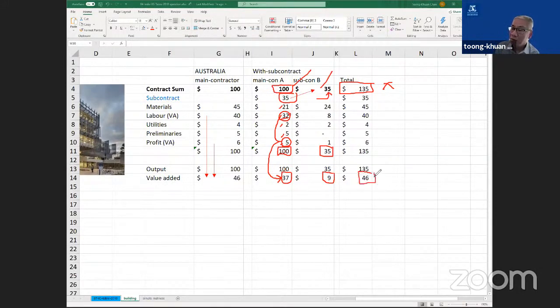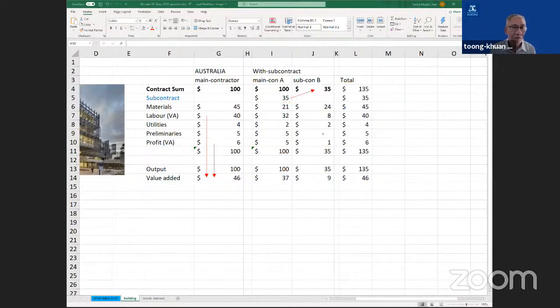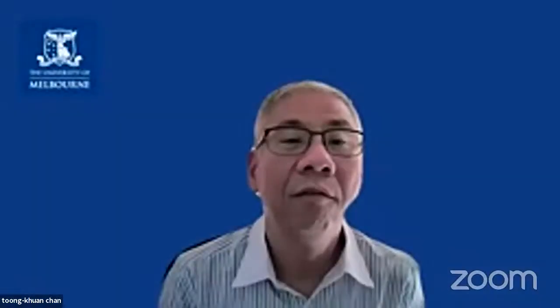So it's very important that we do not count total costs, but we only add up 37 plus 9, which gives you 46. That's how we prevent double counting. The whole concept of input-output tables is that we prevent double counting by tracking value add very vigorously.